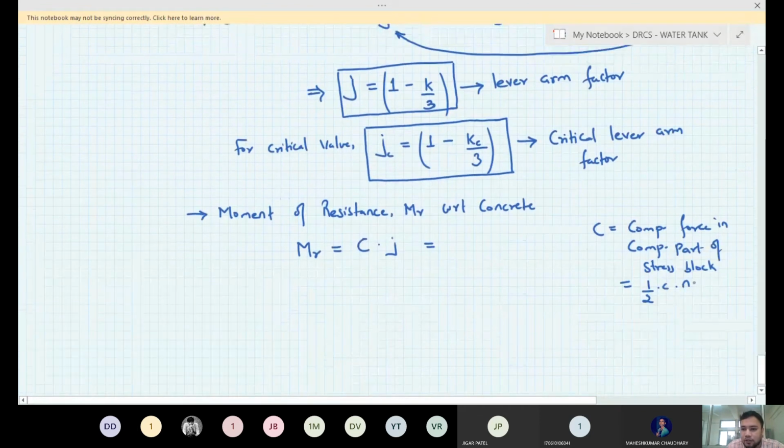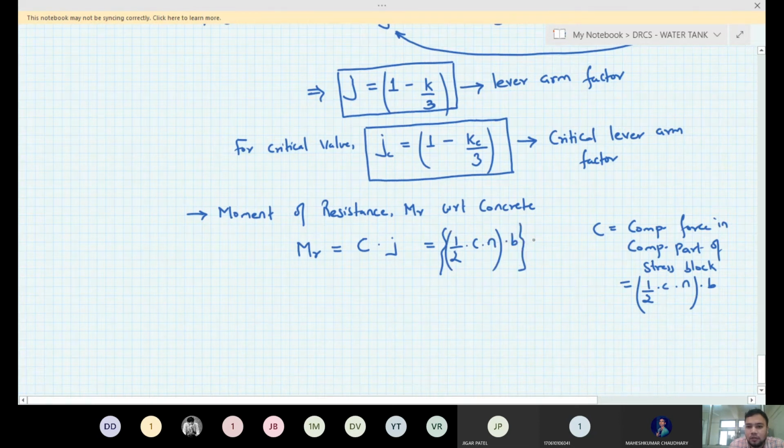This whole is multiplied by the width of the cross section, B. That will give you the compressive force C, which is 1 by 2 c into n into B. This is to be multiplied with J.